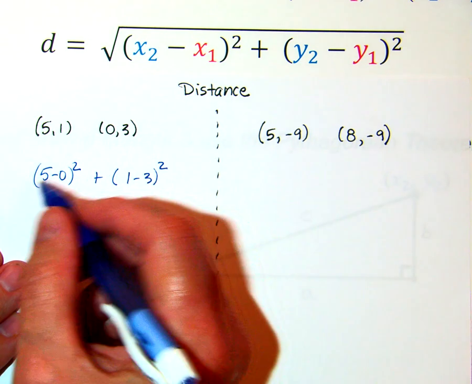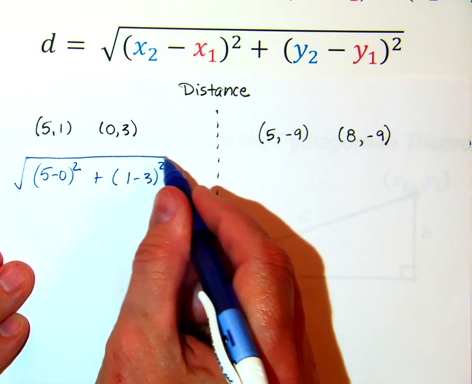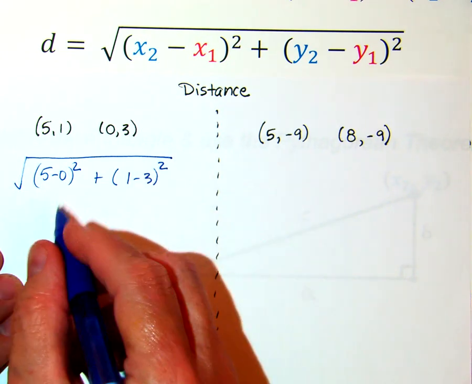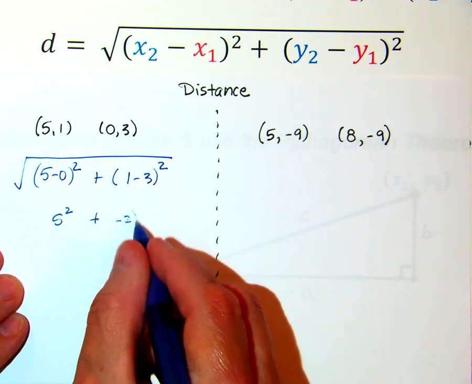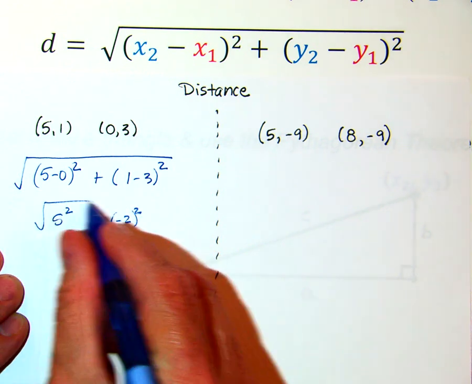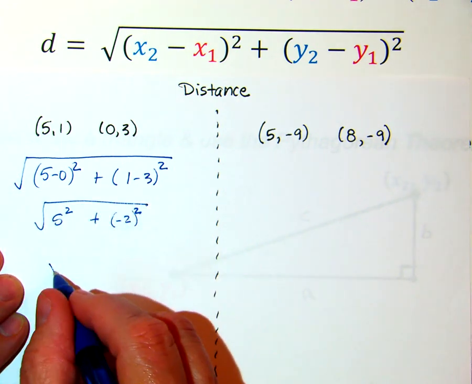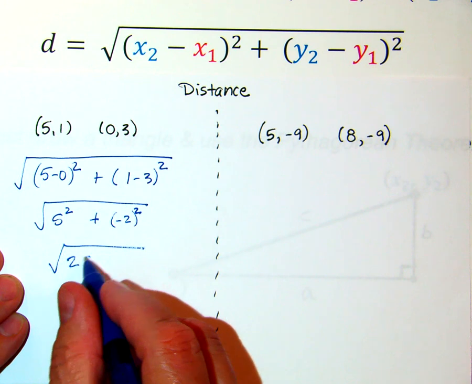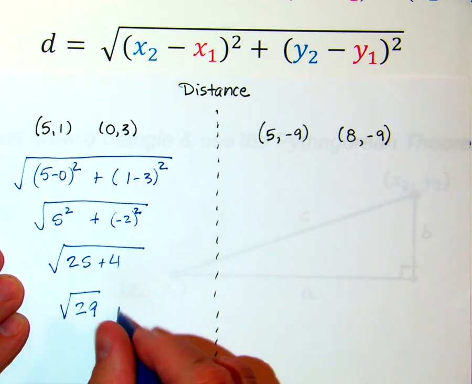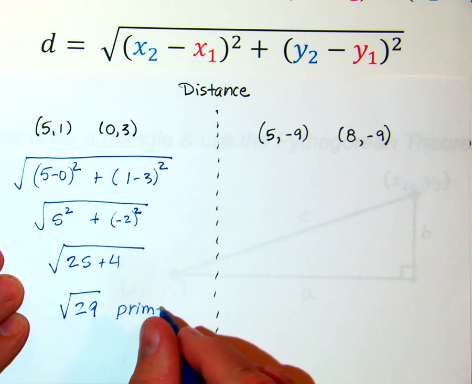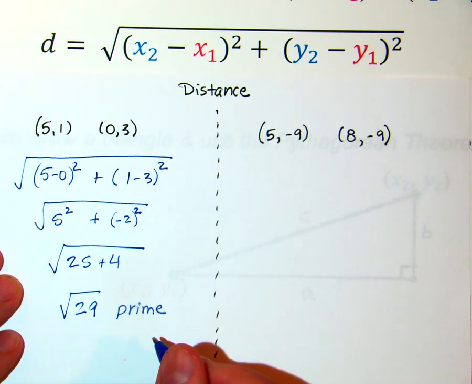And then when you're done with that, you're going to square root the whole thing. So this will be 5 squared plus a negative 2 quantity squared, and then all square rooted. So that'll be the square root of 25 plus 4, or the square root of 29. 29 is prime, so that is the simplified version. That is the final version.